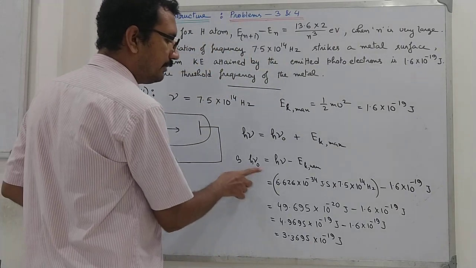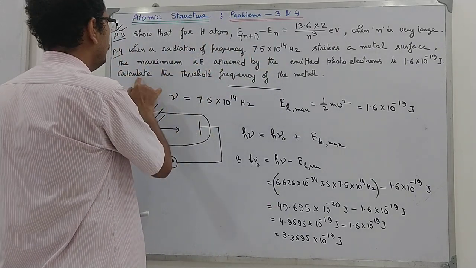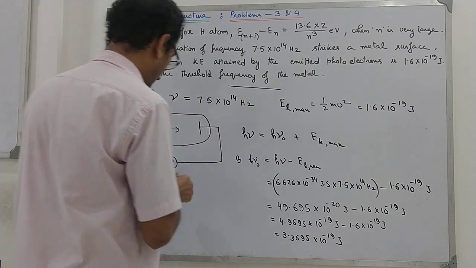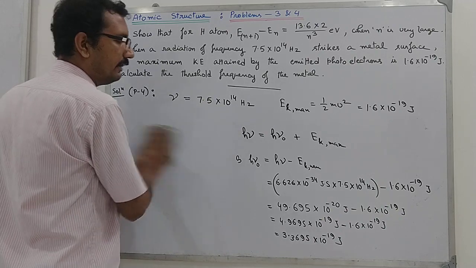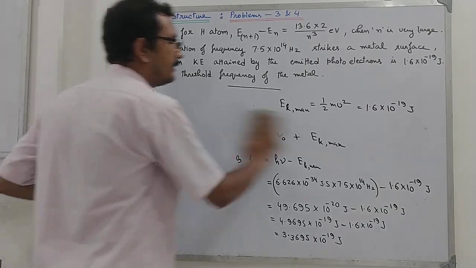So you got the value of h nu 0, but you have to find the threshold frequency of the metal. So to find nu 0, you have to divide the right hand side by h.